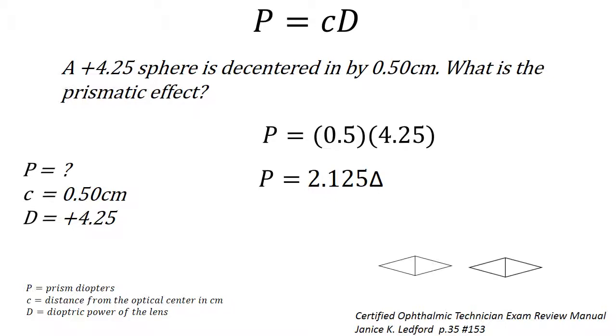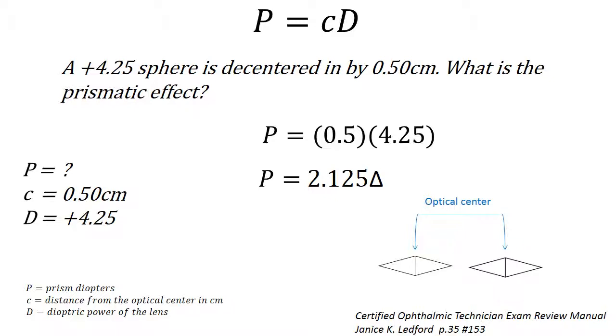So drawing a picture, the first thing you want to know, is it a plus lens or a minus lens? In this case, it's a plus lens. So we're going to put two prisms base to base for each lens. Okay? That's what we do for the plus lens. For the minus lens, it looks more like a bow tie. Okay, the optical centers of each of these lenses are right where base meets base.